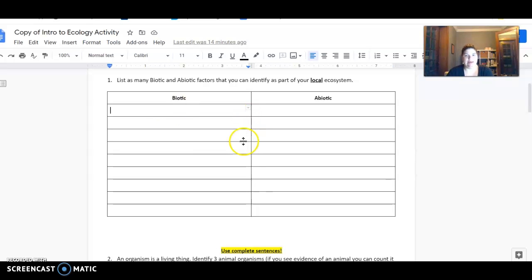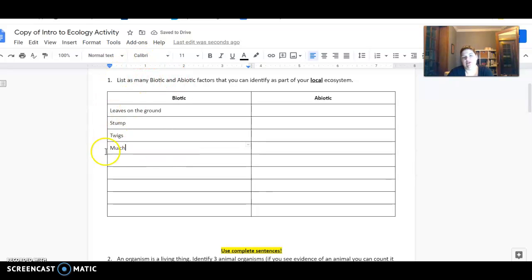So for biotic, it can be anything that is living, or more importantly, what gets missed is anything that was once alive. So leaves on the ground, stump, twigs, mulch.